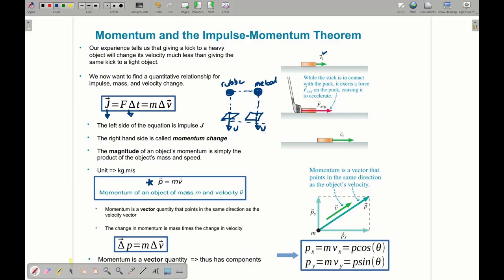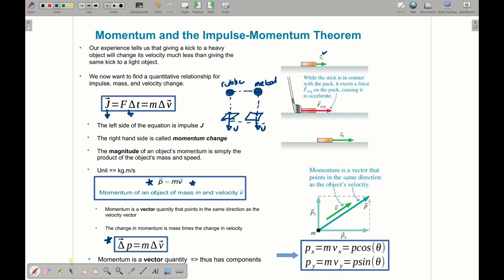Momentum is a vector. Which direction the object is moving before it hits something is also important. This is a very important fact here, so we have these arrows showing that. And it's going to be in the same direction as velocity. And the change in momentum, we can always find as m times change in velocity.